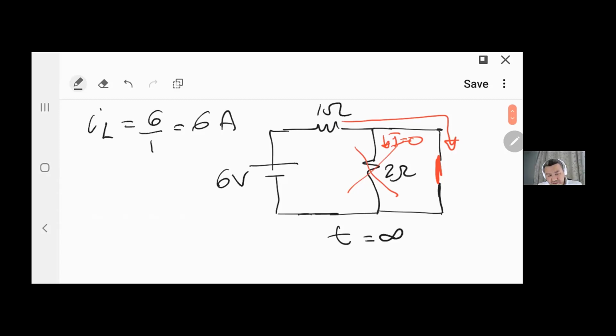It was an open circuit. The source was in a broken circuit, so there are no sources of energy. So the current in the inductor at t equals 0 minus was 0, and it will be the same at 0 plus.